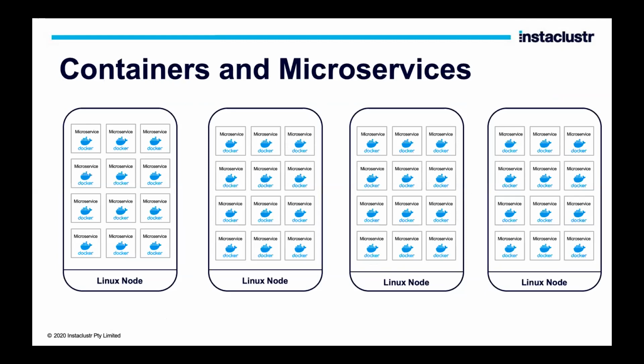Let's talk about microservices. First of all, what are microservices and how are they related to containers? Microservice architecture splits your application into multiple services that perform fine-grained functions as part of your application.